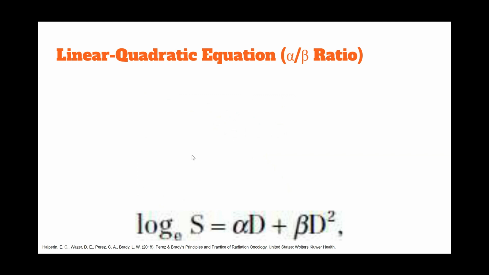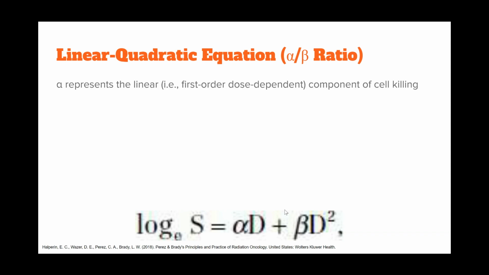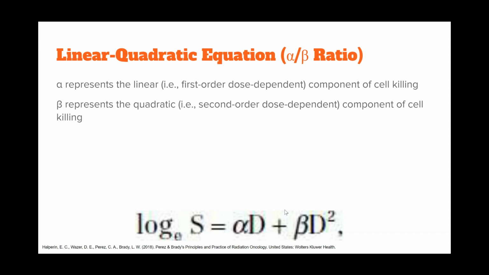So this gave us the equation that the natural log of the survival was alpha d plus beta d square, where d is the dose, alpha is the alpha cell killing, and beta is the beta cell killing. So alpha represented the linear component, beta represented the quadratic component.